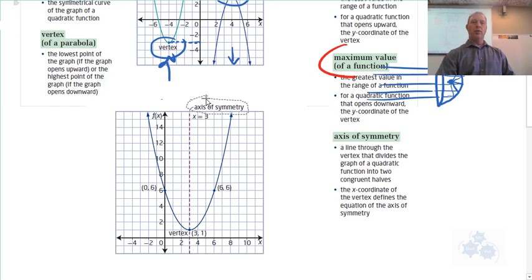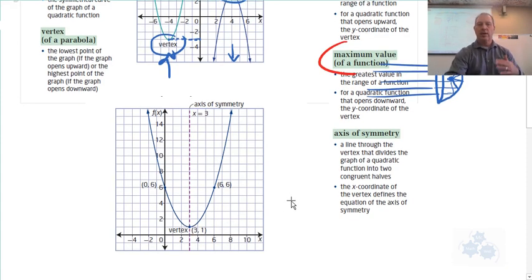It's a vertical line always, and it has the expression x equals whatever x value this vertical line passes through. It's also x equals the same value as the x value in the vertex. So that's what an axis of symmetry is. You see that it cuts this parabola exactly in half. It would fold over the axis right onto itself.